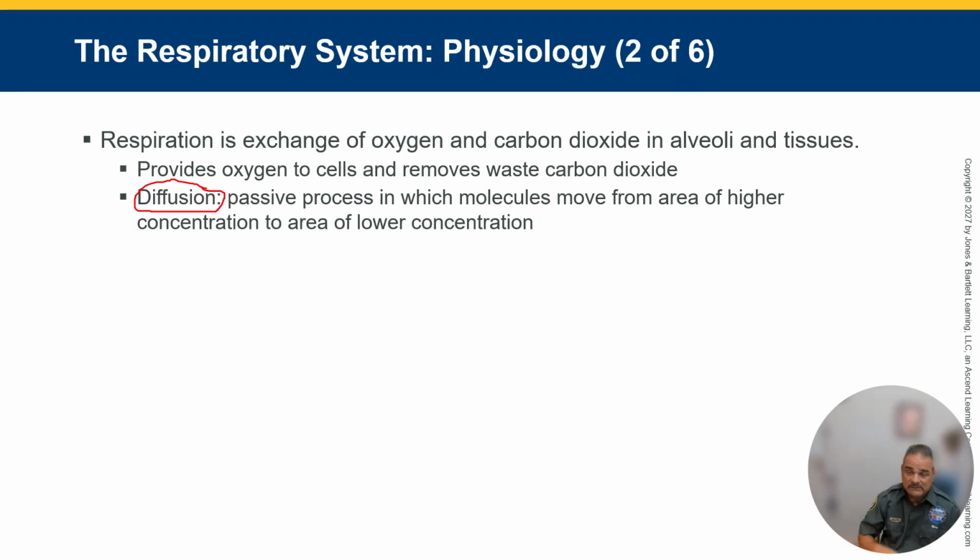If you take a can of perfume, it is in a high concentration area. It's in that can, okay? And I got this area out here, which doesn't have any perfume in it. It's an area of lower concentration or no concentration. So when I spray that perfume or cologne or deodorant or whatever, it moves from this area of higher concentration to this area of lower concentration, and then it diffuses out into the environment.